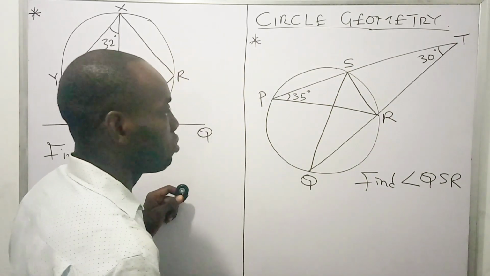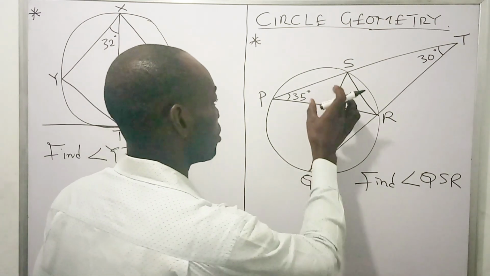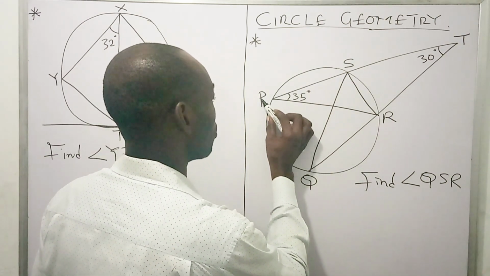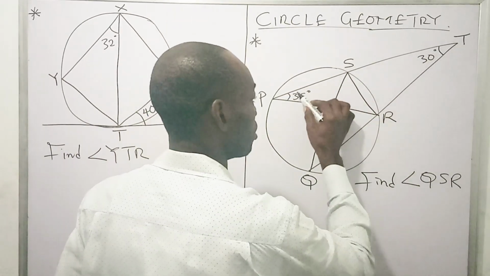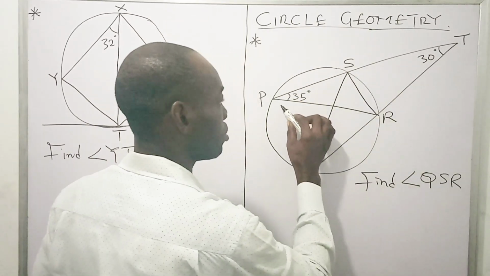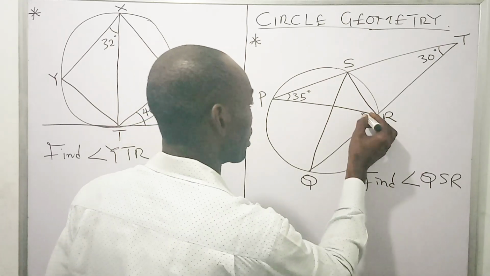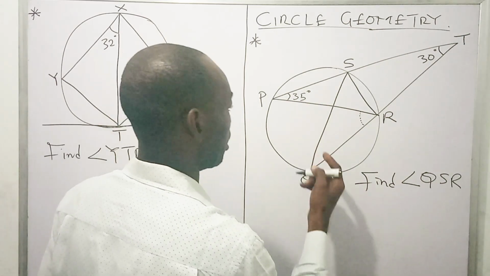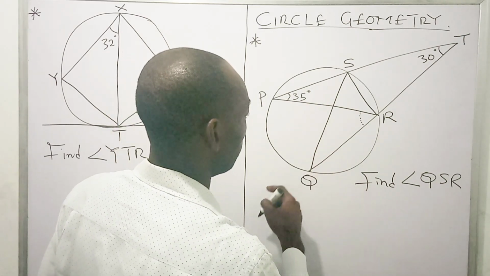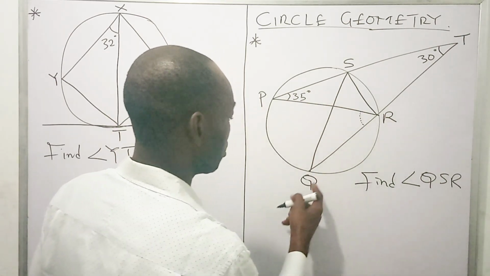Now, the first thing we're going to do, if you look closely, you agree with me that PTR is a triangle. And if that's a triangle, it therefore means that we can get this angle here. So I'll call that PRQ.